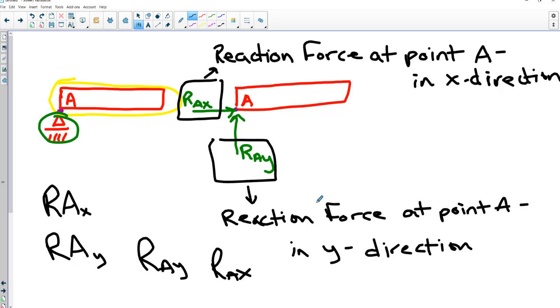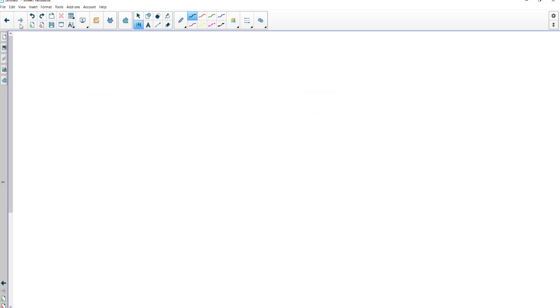All right, so that's a pin joint. Now the next slide shows you a roller joint. A roller joint is round, so that's easy to remember. Round things roll.